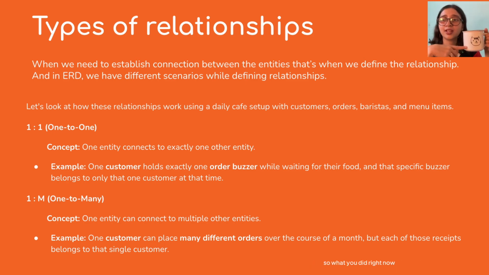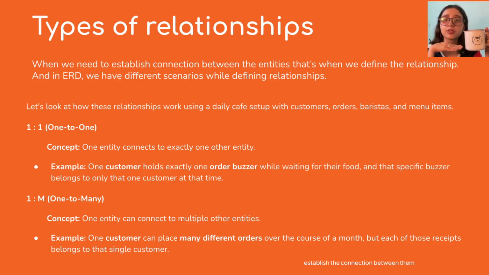So what you did right now to explain the relation between me and this cup is you established a connection. You're talking about a person holding this cup. Anybody could be holding a cup, but to specify a specific cup held by a specific person, you describe them.